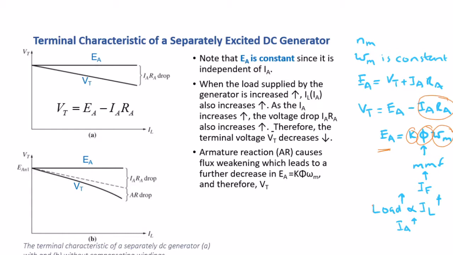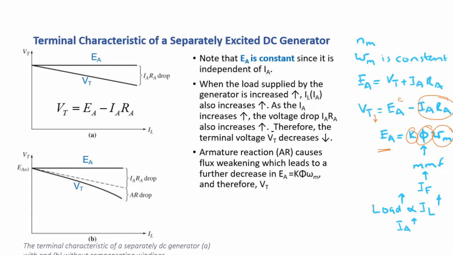And therefore VT will be decreasing, because this is going up while EA is constant. This means that Vt is decreasing as we increase the load, or as we increase IL.